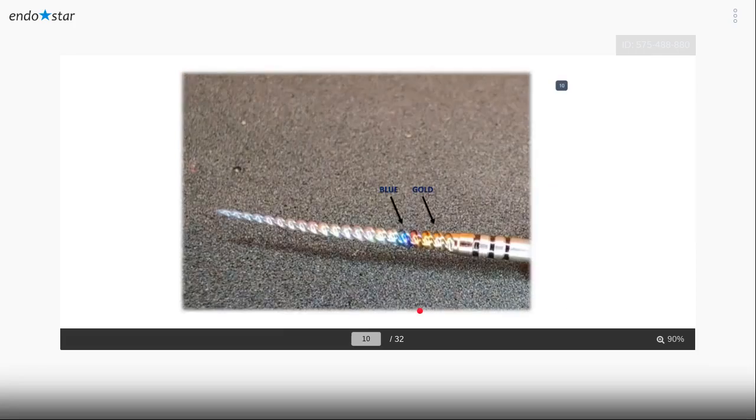But in this picture, with the same file, I increased the temperature. If you want me to be specific, the austenitic phase is present at 1600 Fahrenheit, and martensitic starts from 400 Fahrenheit. You can change this temperature so you can get different breeds or different families of nickel titanium.